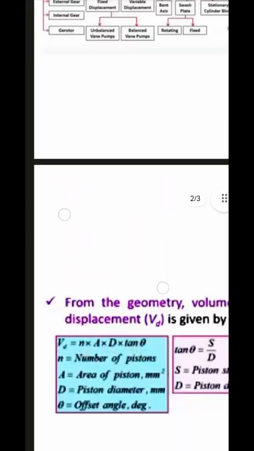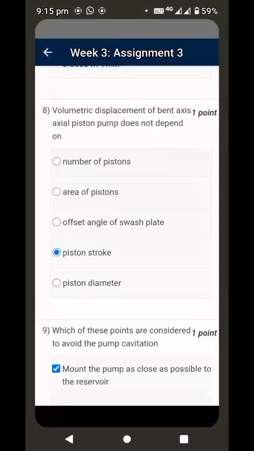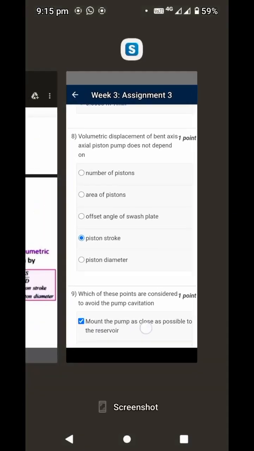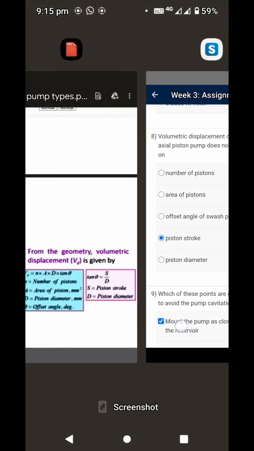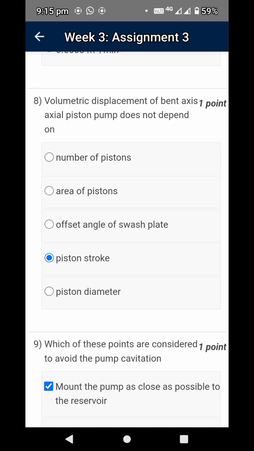Okay, now let's check the options. For the bent axis axial piston pump, which one does not depend? Number of pistons is mentioned here, area of pistons is mentioned here, piston diameter is mentioned here, offset angle is mentioned here. So the only thing not mentioned is piston stroke, and it does not depend.